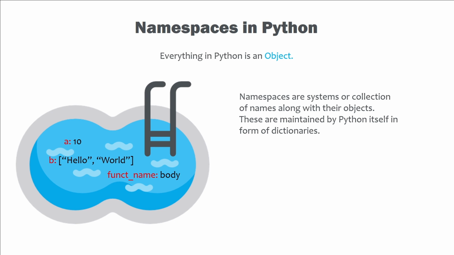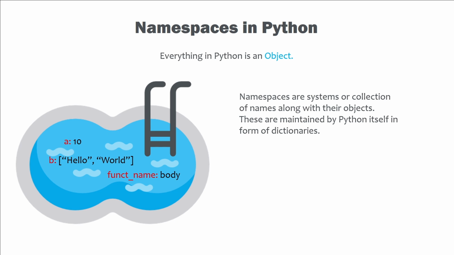Namespaces are systems, collections, or simply pools where Python stores the objects along with their names. So you can consider the name as a unique identifier of every object. In order to distinguish between different objects, Python automatically creates namespaces and assigns a unique identifier to each object that we have used in the script.